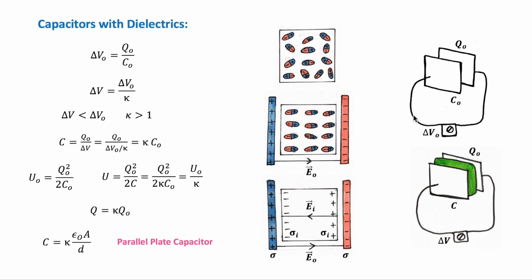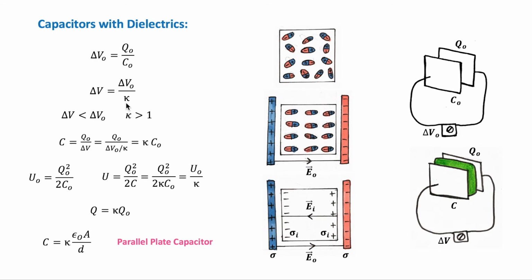If we use a voltmeter to measure the potential difference between the plates, it will be delta V naught, which is equal to Q naught over C naught. Note here that the circuit is open, so charge cannot flow. Now if we insert a dielectric between the plates, the voltmeter reading will decrease by a factor of K. So the new potential difference is less than the potential difference before inserting the dielectric by a factor of K.